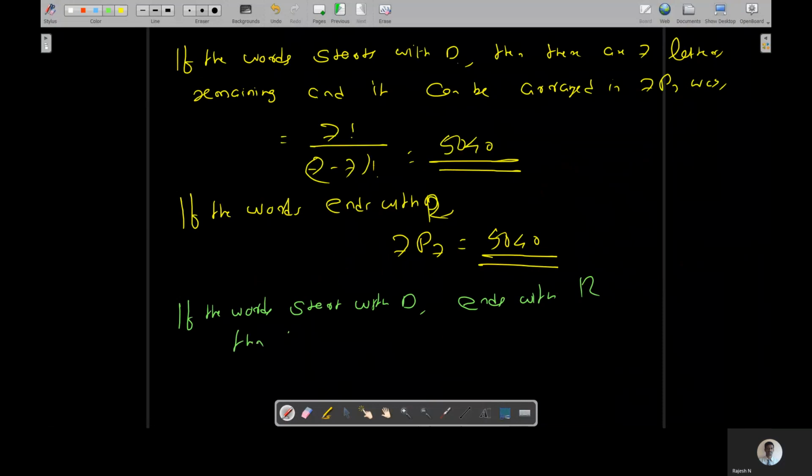The remaining 6 letters can be arranged in 6P6 ways. 6P6 is what? 720. The answer is 720.